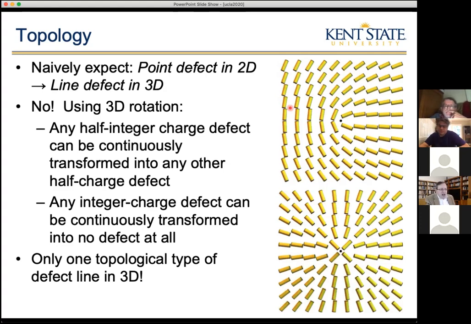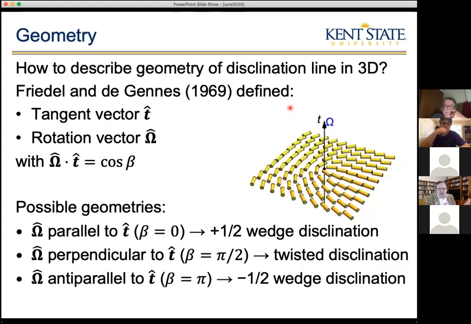But topology isn't everything. In 2D, I told you the story that there are these orientational features that are not captured by topology. What about in 3D? Well, even back in 1969, Friedel and de Gennes recognized that there's some geometric difference between these different kinds of half-charge disclinations, that there are some things that look like plus half and some things that look like minus half.